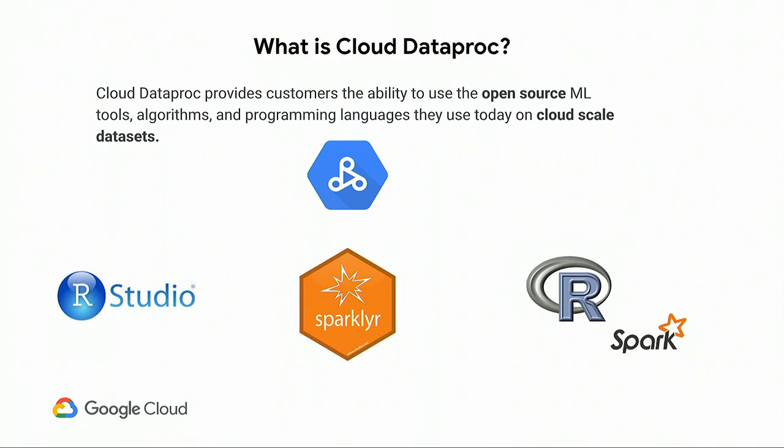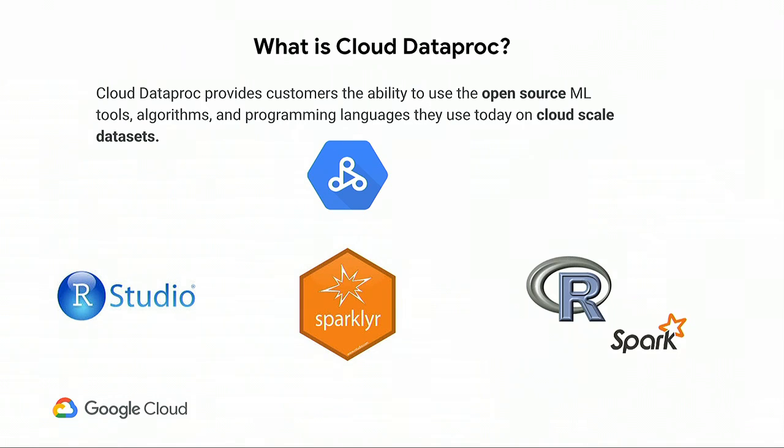So sparklyr is a package for working with R on Spark that was developed by RStudio. So you're going to see a lot of great hooks and integrations between RStudio and sparklyr. SparkR is built directly into Spark itself. And so you're going to find great hooks there with things like Cloud Dataproc's Jobs API.